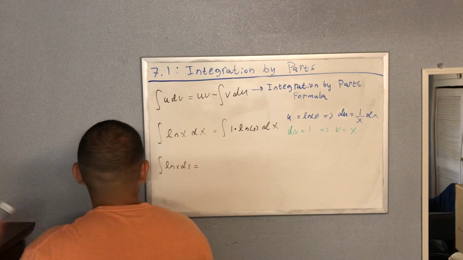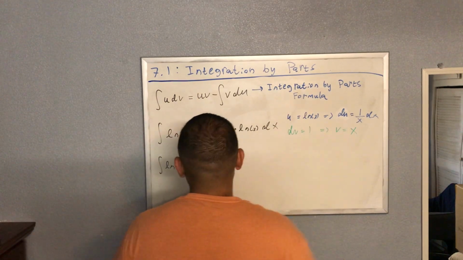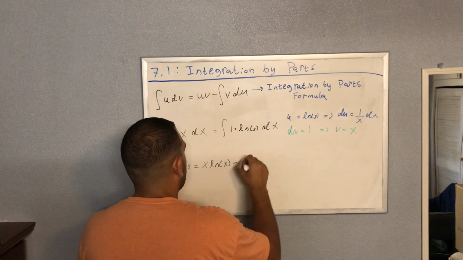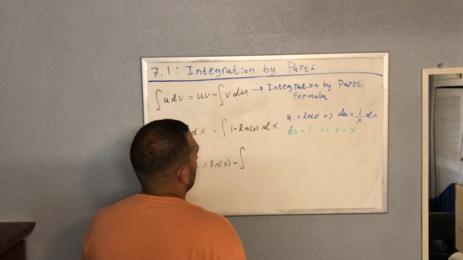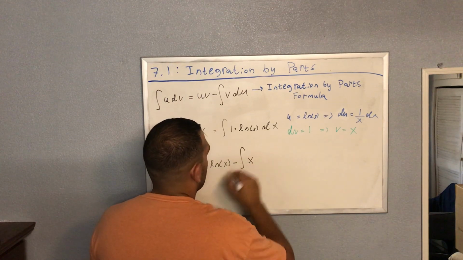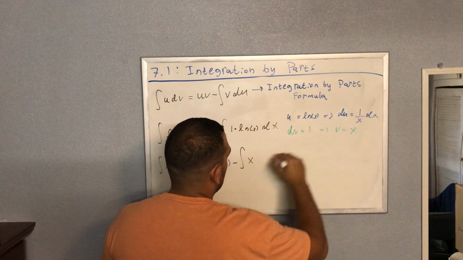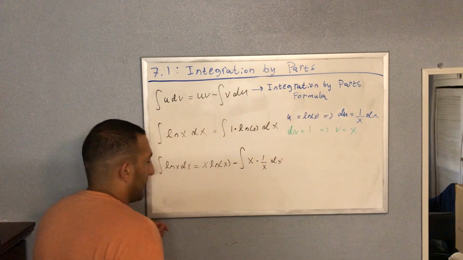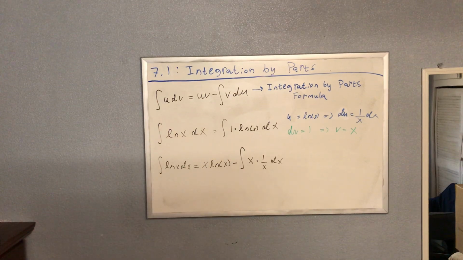Okay. So we get u times v, which is x times the ln of x, minus the integral of now v, which is x, times du, which is 1 over x dx. And oh, that's really nice.